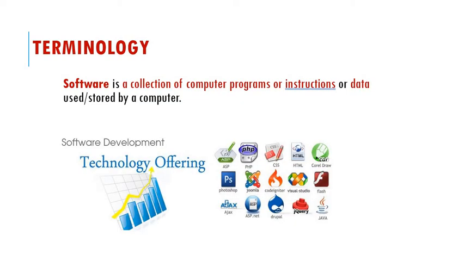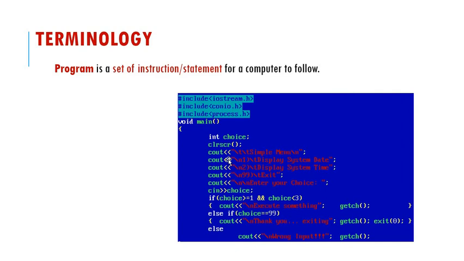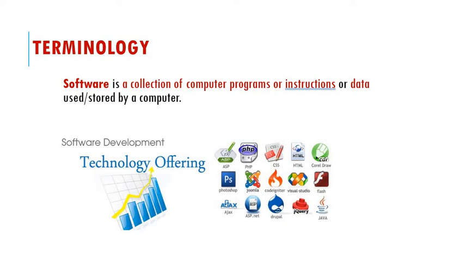Now we move to the second terminology, which is software. You always say software, but what is software? Software is a collection of computer programs or instructions or data used or stored by a computer. Just now I showed you one program, but maybe there are several programs combined together, and the manufacturer makes it into software.